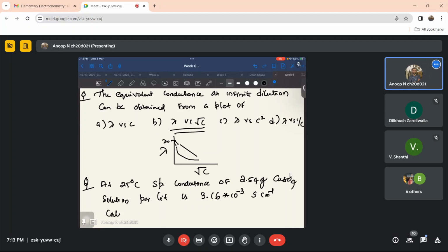Calculate the equivalent conductance. Also you can find out the molar conductance.